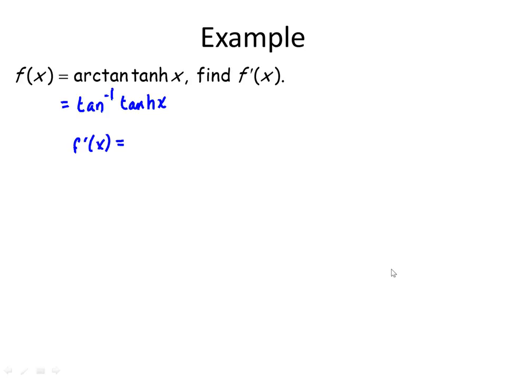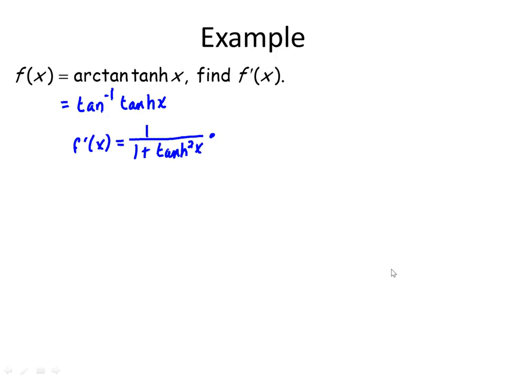We did this last week. The derivative of tangent inverse u is 1 over 1 plus u squared du. So, the derivative of tangent inverse of u is going to be 1 over 1 plus u squared, which is going to be tan squared x, times the derivative of u.